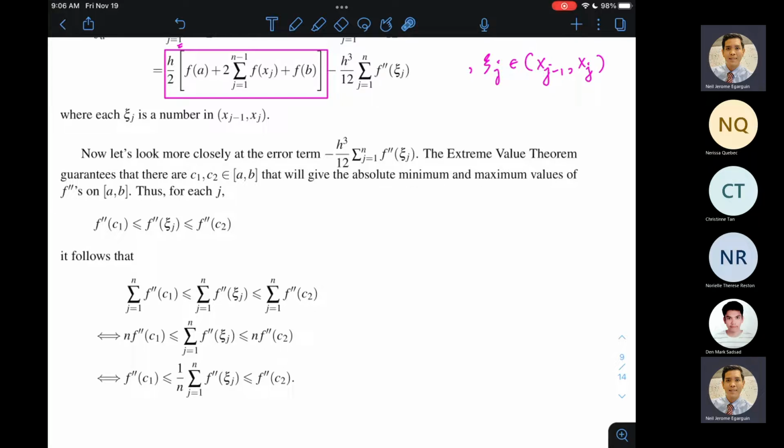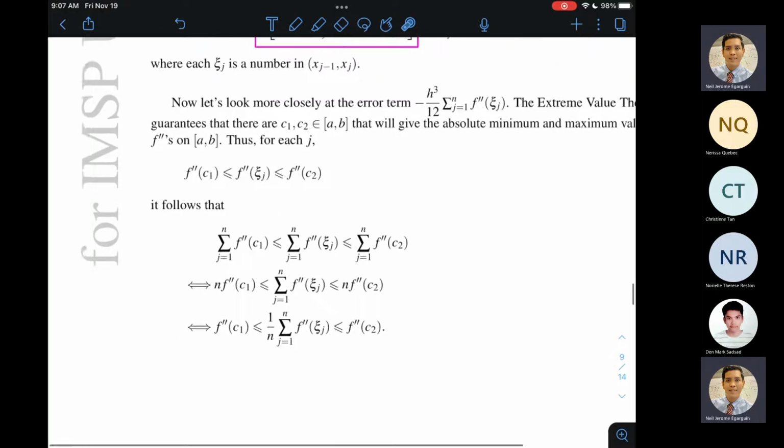So, dahil continuous at smooth siya, okay, sa interval AB, dapat may number C1 na magbibigay ng absolute minimum niya at may number C2 na magbibigay ng absolute maximum niya. And these two guys, C1 and C2, are on the closed interval AB. Okay?